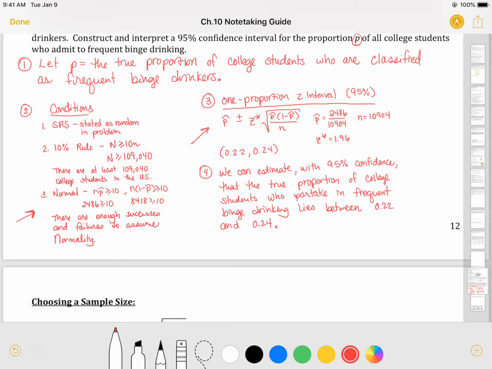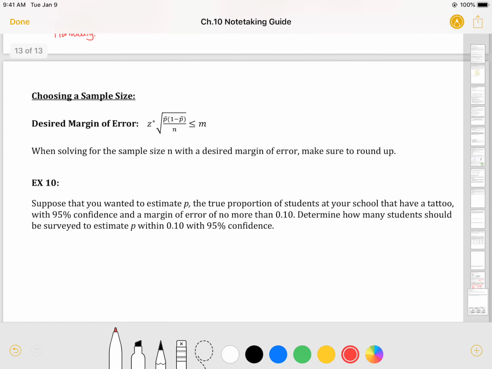Okay? So go ahead and flip to the next page, and what we're going to discuss is finding sample size to achieve a certain desired margin of error.